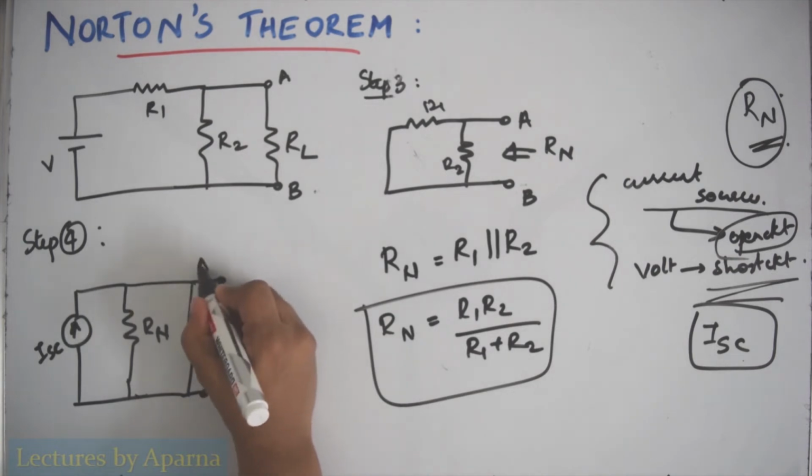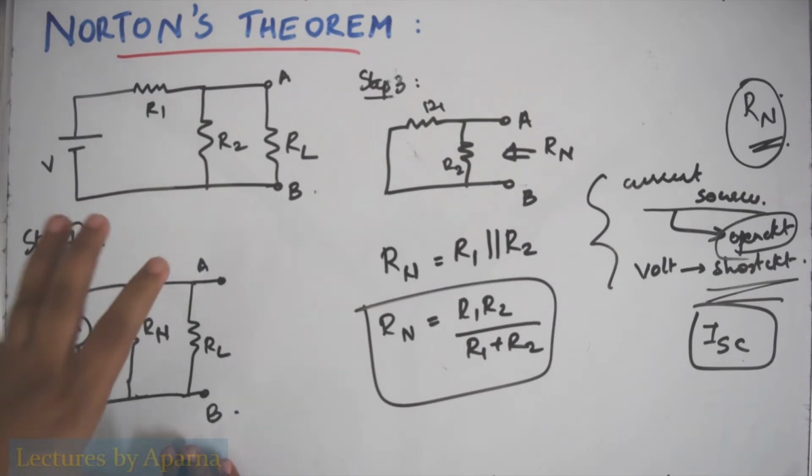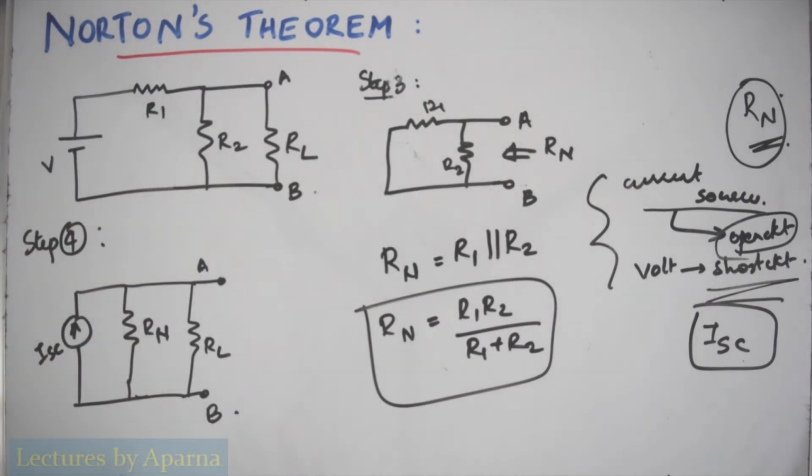See, now I got the Norton's equivalent circuit of this network. So this is what Norton's theorem says.